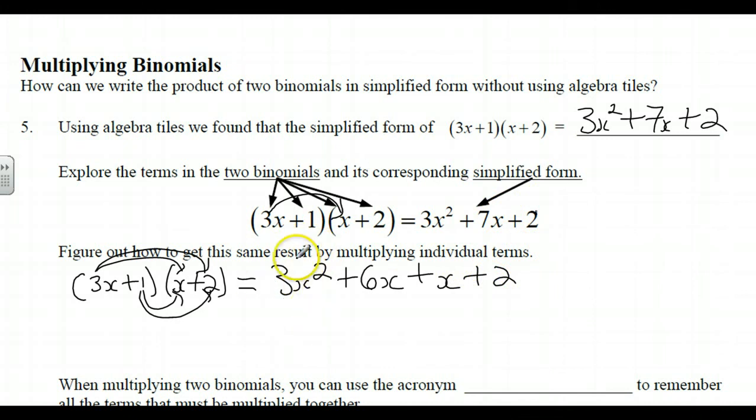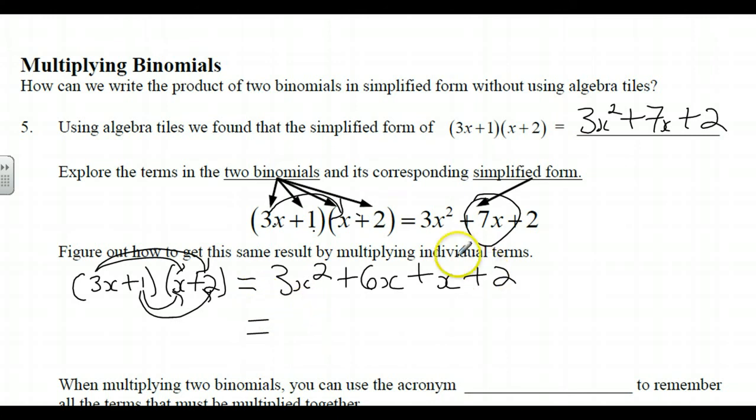So you notice our first term in the simplified form comes from multiplying the two first elements of the binomial together. And our last term comes from multiplying the two last elements together. And our middle term comes from multiplying the outside numbers and the inside numbers. And then we have a little bit of work to do. One more step.